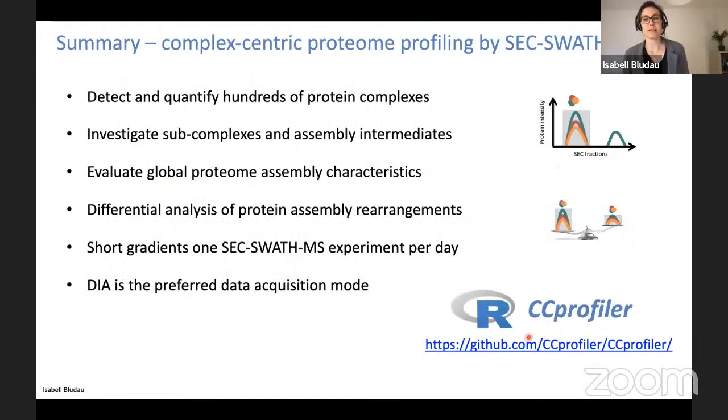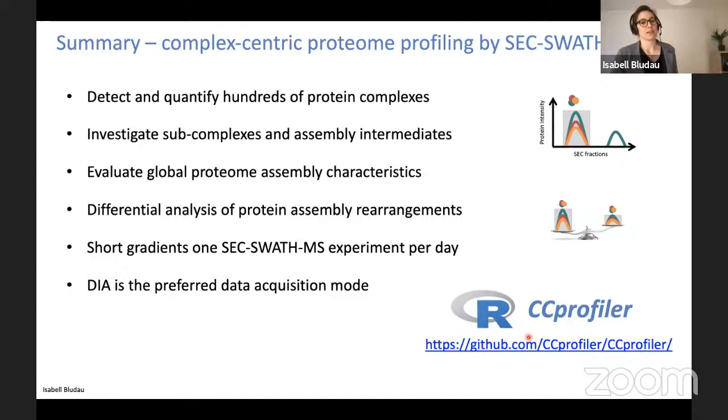To summarize this part of my presentation, I hope that I could convince you that complex-centric proteome profiling is able to detect and quantify hundreds of protein complexes in a single go. It also enables the investigation of subcomplexes and assembly intermediates, and to look at global assembly characteristics, such as changes in the assembled mass fraction.